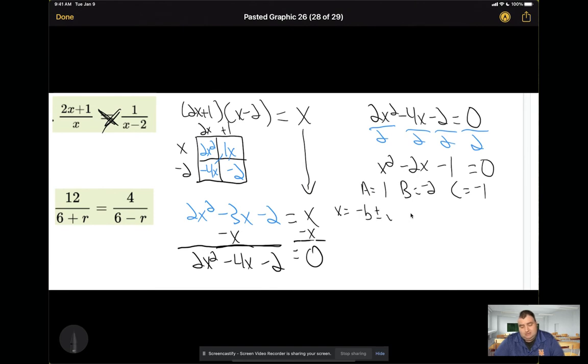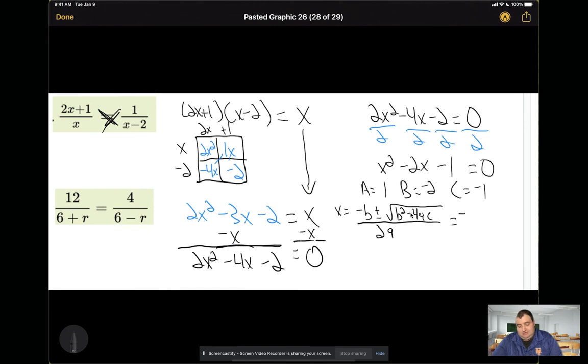It's x equals negative b plus or minus the square root of b squared minus 4 times a times c, divided by 2 times a. So I'm going to plug in 1 for a, negative 2 for b, and negative 1 for c.